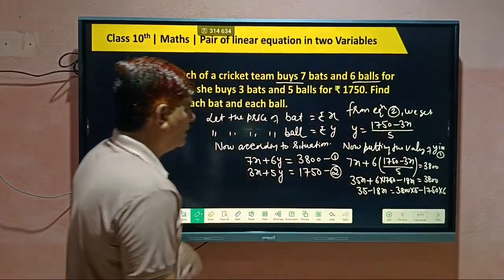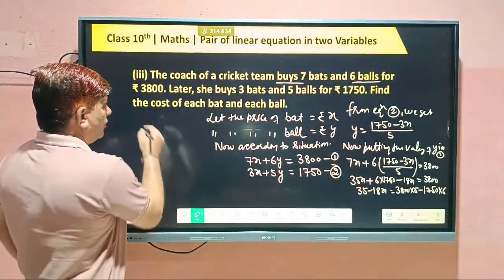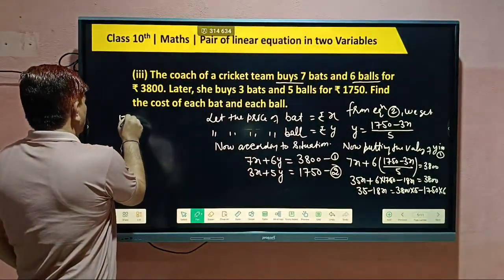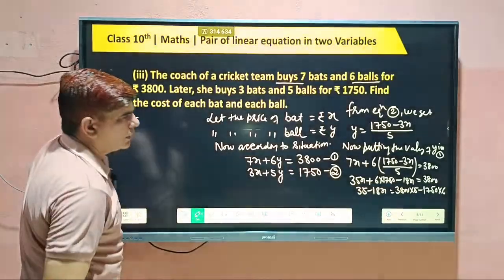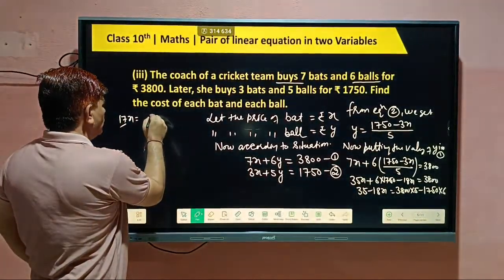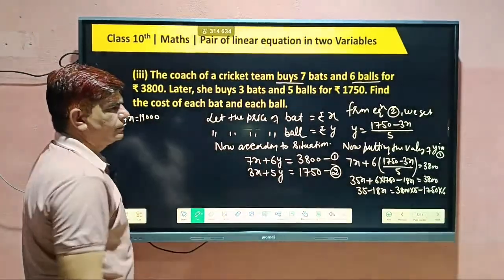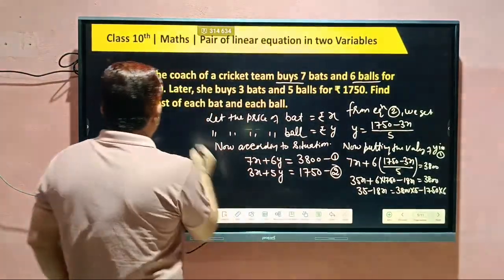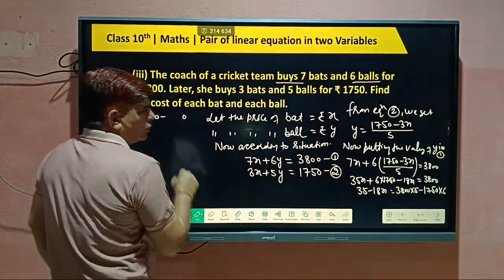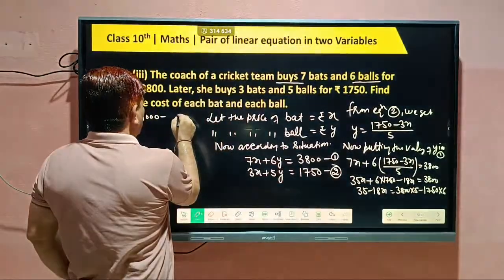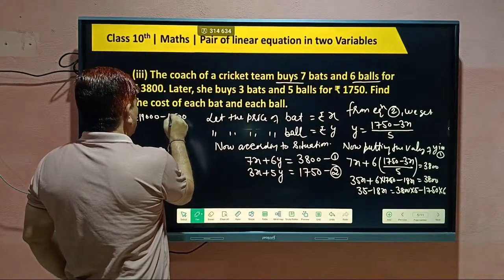How much is left? 17x. Multiply: 6 zeros are 0, 6 fives are 30.